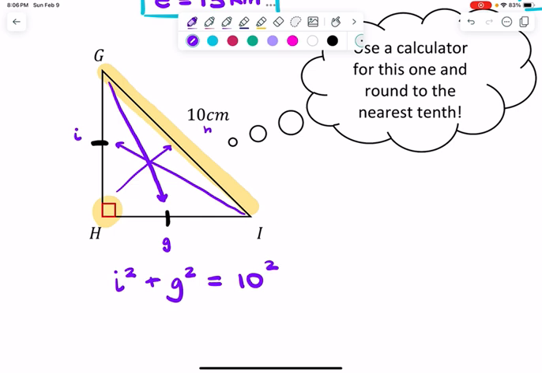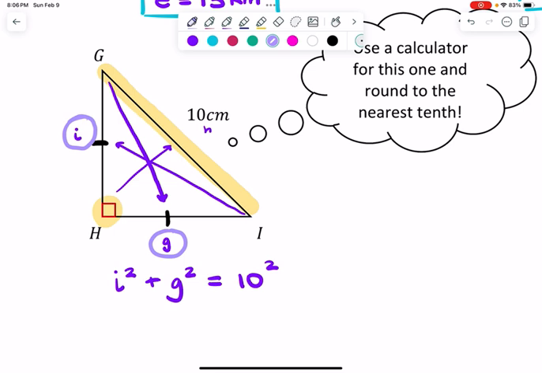Okay, this is great, but again, how do I solve for two things that are unknown? Well, here's where isosceles triangles and those tick marks come into play. Because I know that I and G are congruent. They are the same shape and the same size.